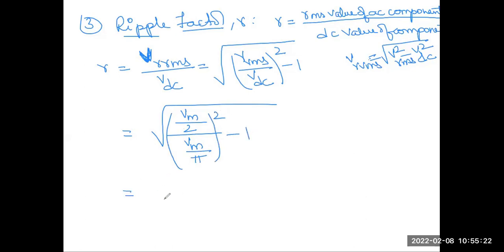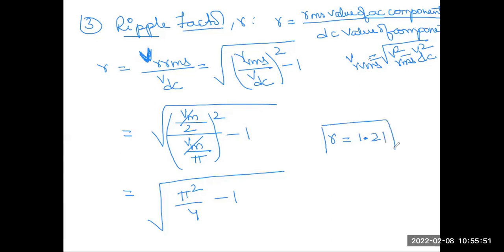If you simplify, Vm gets cancelled, so you are left with root of pi square by 4 minus 1. If you find the value of this, can anyone tell me what it is equal to? It is equal to 1.21.